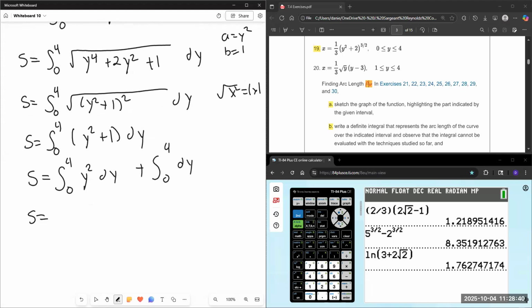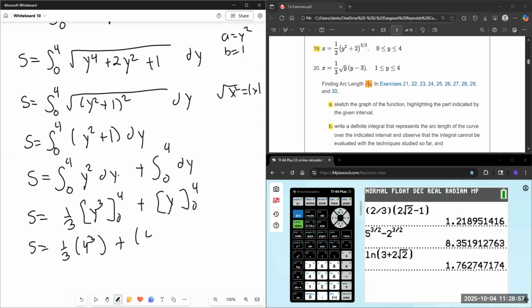So S is 1/3 y cubed, 0 to 4, plus y, 0 to 4. S is 1/3 of 4 to the third plus 4.